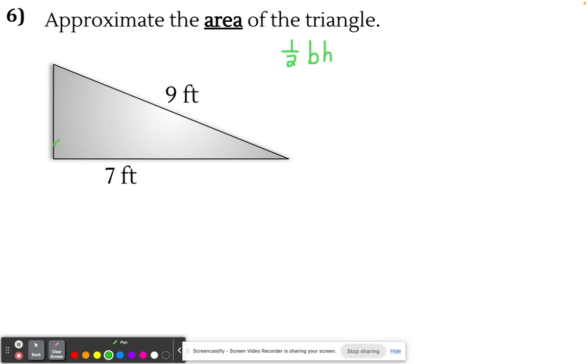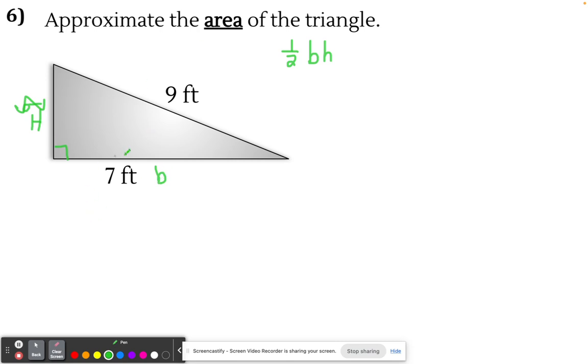Remember, the base and the height form a right angle. I can call this my height. How's that sound? But for some reason I was picturing it sitting on this end, but it's just sitting nicely on this end. So I'll call this my base. But I don't know this.